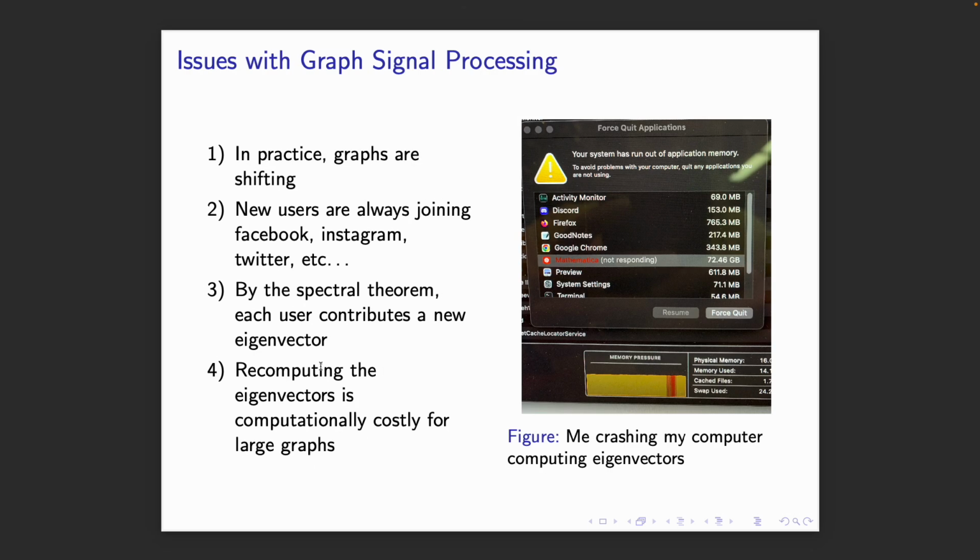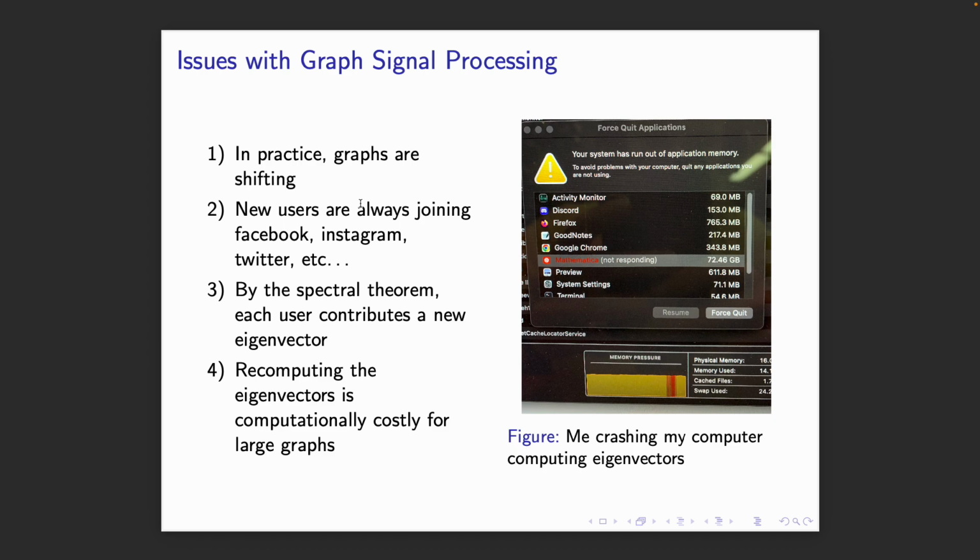There are problems with graph signal processing, however. In practice, if you're modeling data with a graph, it's always going to change, right? Let's say you are working for Facebook or Instagram or Twitter. Every time you get a new user, it adds a vertex to the graph, and that actually changes the number of eigenvectors.